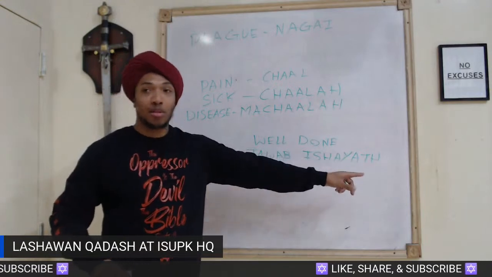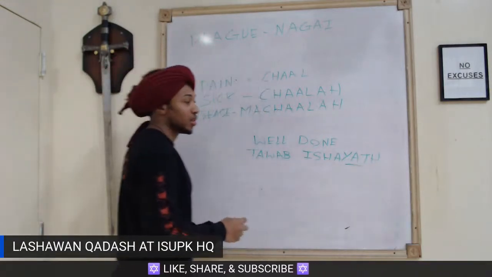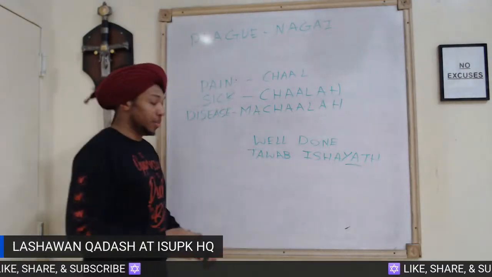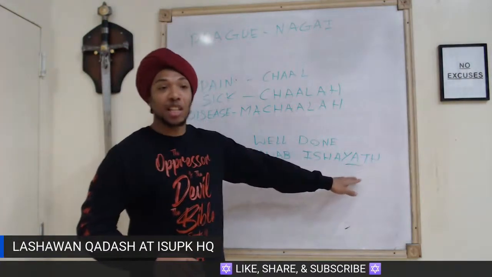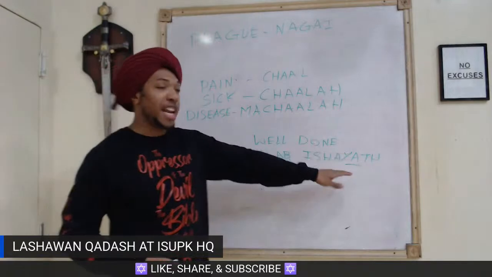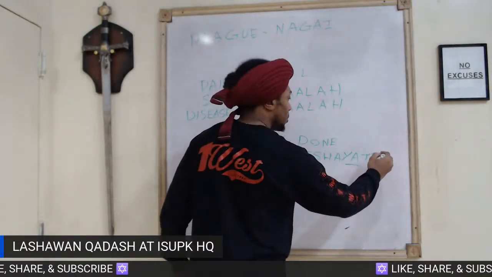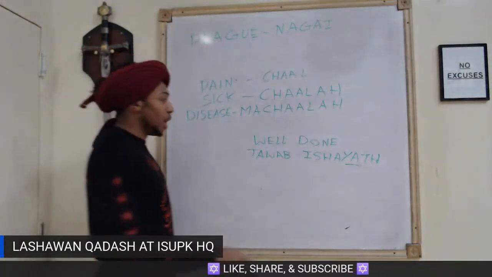Aisha, that ya right here is the past tense. I'm only saying it like this because I've seen it like this, so I gotta write it as I've seen it. All right. Tawab Aishayas. Well done.